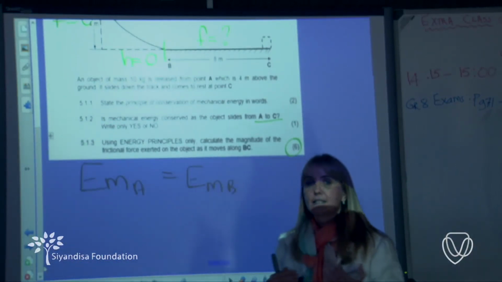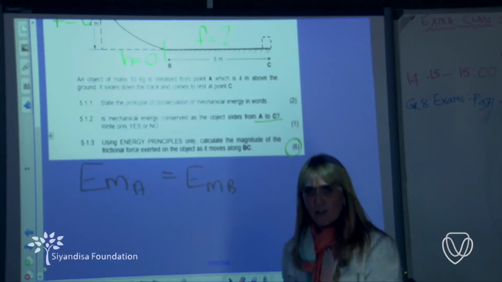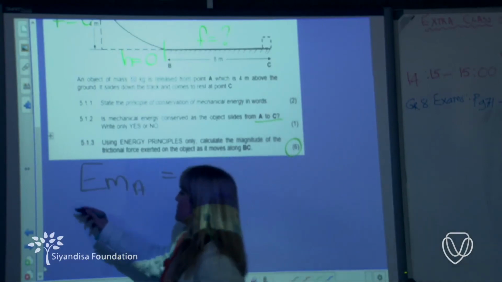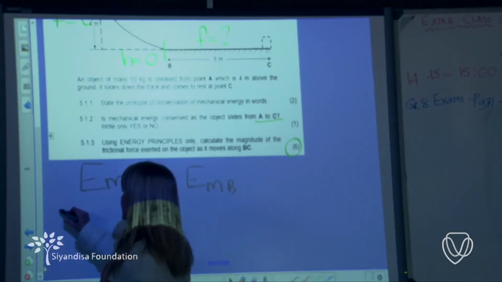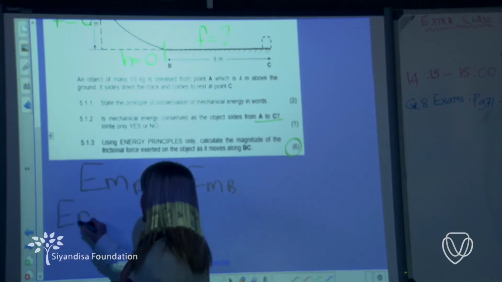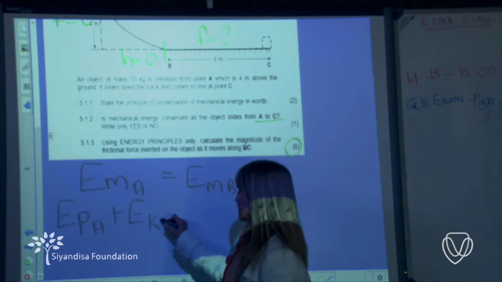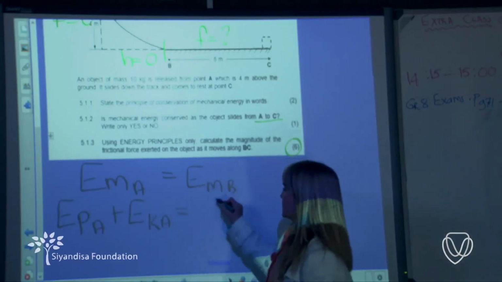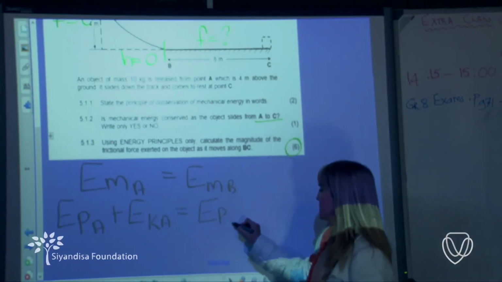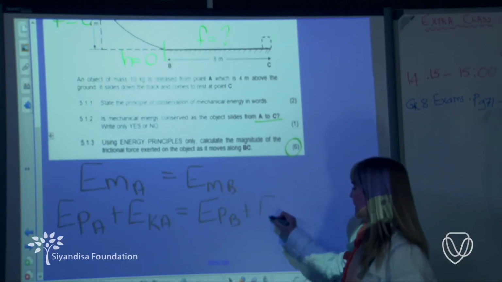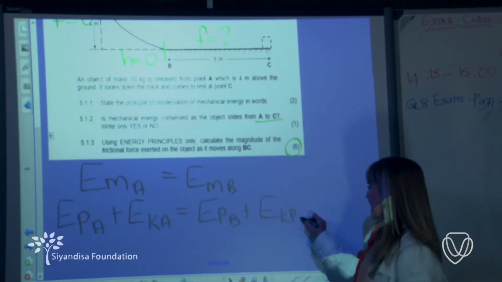Mechanical energy is the sum of the kinetic and potential energies. So this is going to be the initial potential energy at A plus the kinetic energy at A. And that will be equal to the potential energy at B plus the kinetic energy at B.